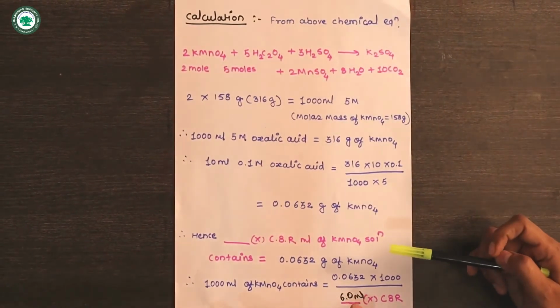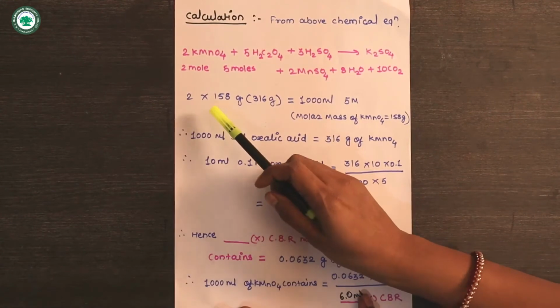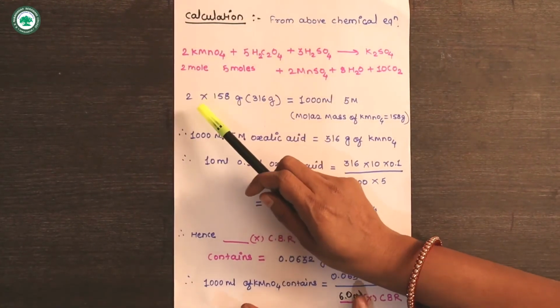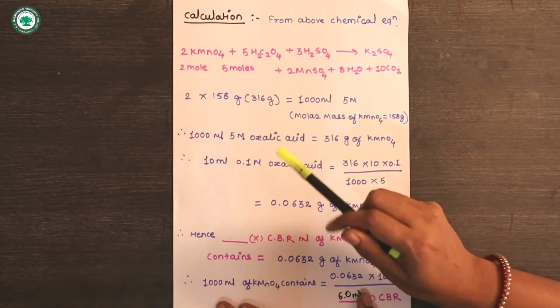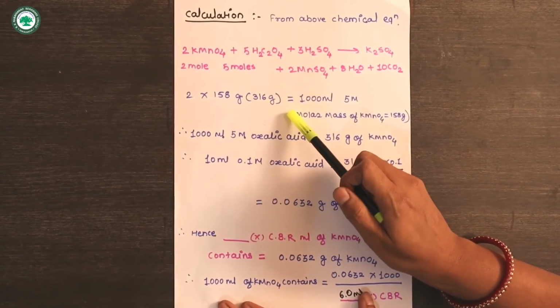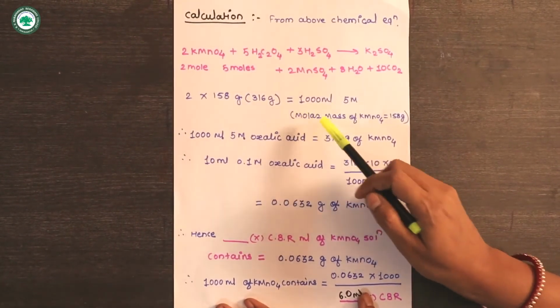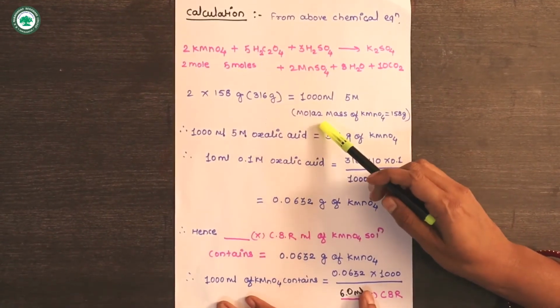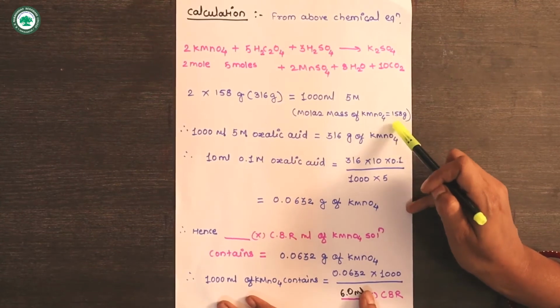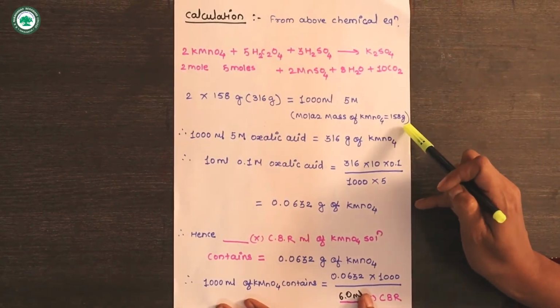Now the calculation in that reaction: 2 moles of KMnO4, we can write 2 into 158 grams, 316 grams, is equal to or corresponds to 1000 ml of 5 molar solution. The molar mass of KMnO4 is 158 grams.